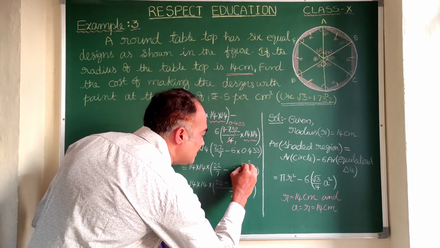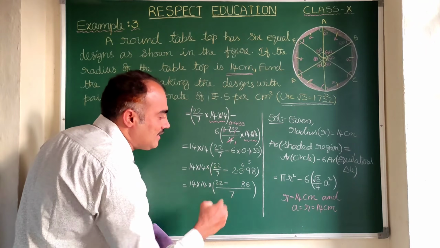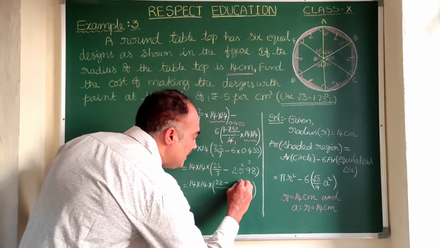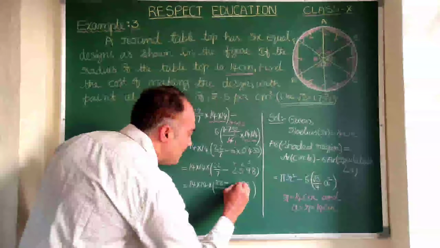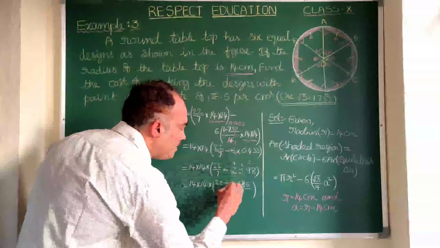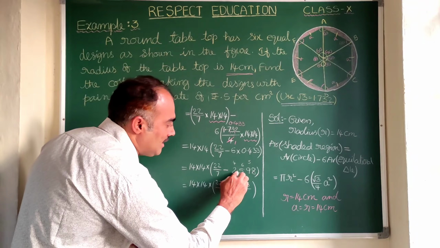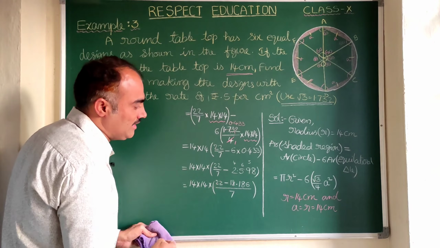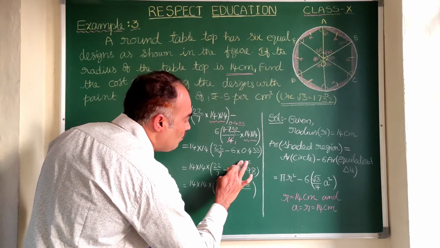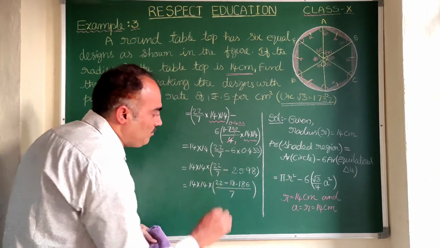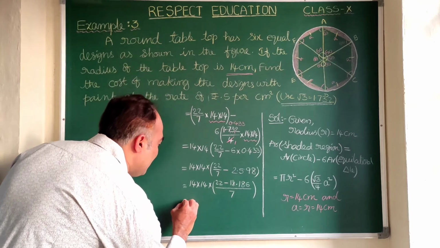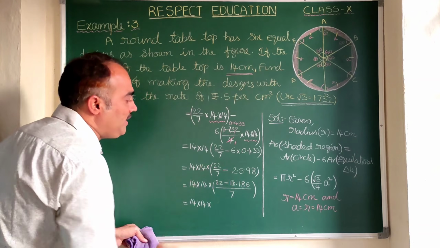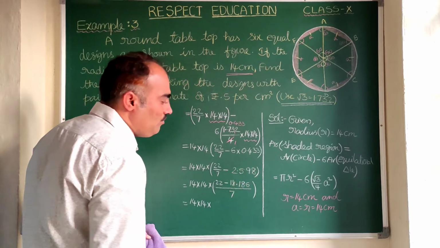So here 8, 6 is left. 7 5s are 35, 35 plus 6, 41. Here 1 and 4 is left. 7 2s are 14 plus 4, 18. See here after decimal 3 values are there. Let us maintain after decimal 3 values. So it is 18.186.